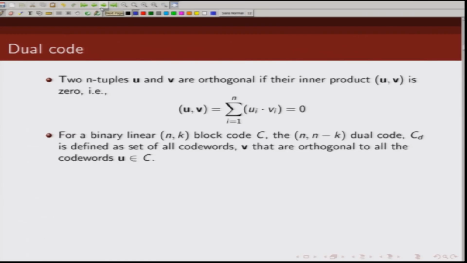So for a binary linear (n, k) code, its dual has the parameters n and n minus k, and it has the following properties.